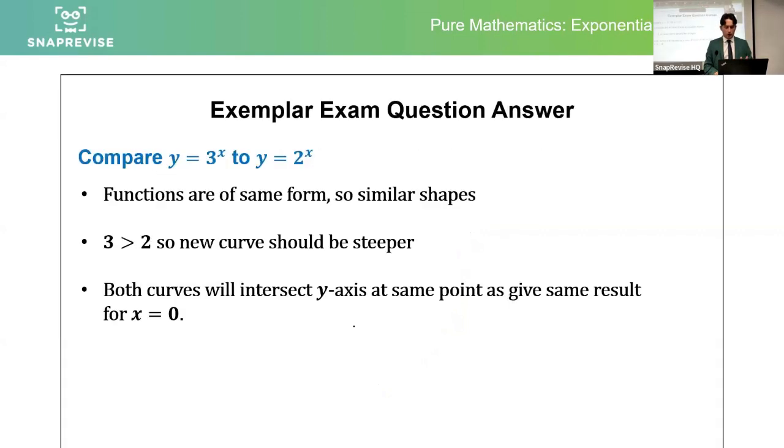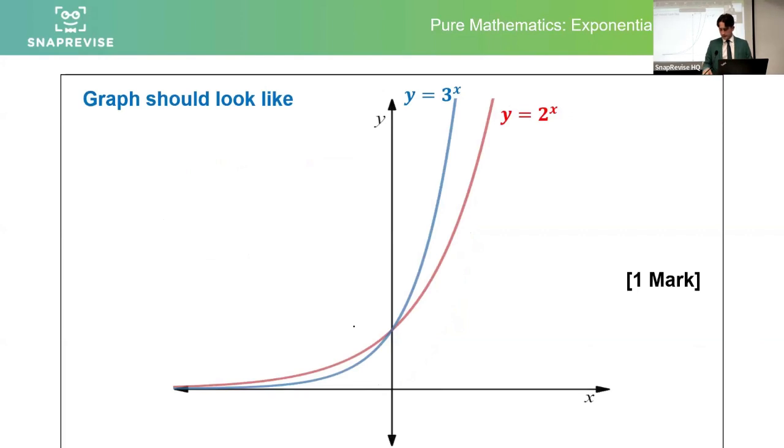So if we've got the graph of 2 to the x, then simply put, 3 to the x should be steeper. So we know the conditions that should be the same: it should intersect the axes at the same intercept. It should be steeper, and this is what's going to get you the marks.